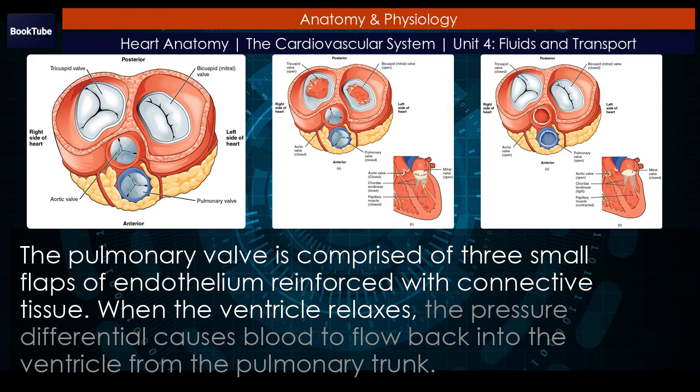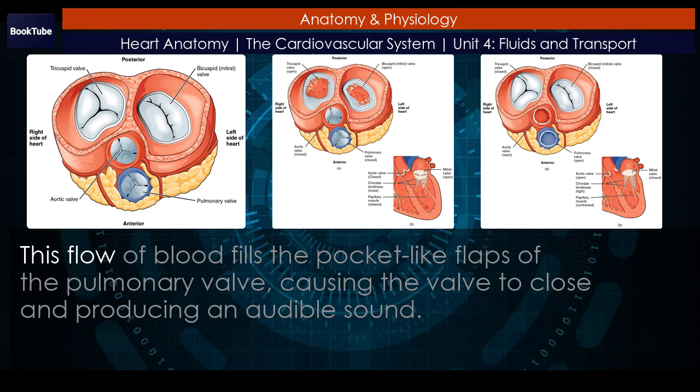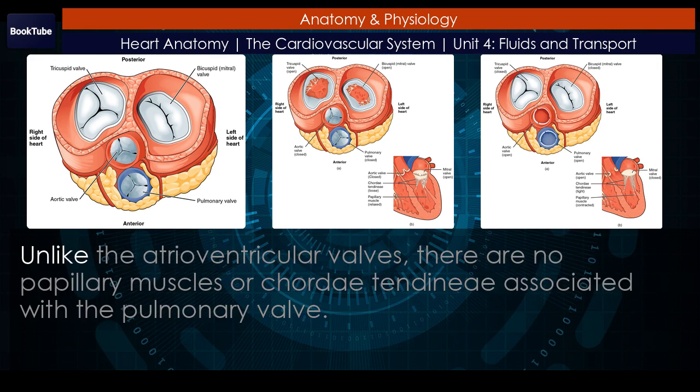When the ventricle relaxes, the pressure differential causes blood to flow back into the ventricle from the pulmonary trunk. This flow of blood fills the pocket-like flaps of the pulmonary valve, causing the valve to close and producing an audible sound. Unlike the atrioventricular valves, there are no papillary muscles or chordae tendineae associated with the pulmonary valve.